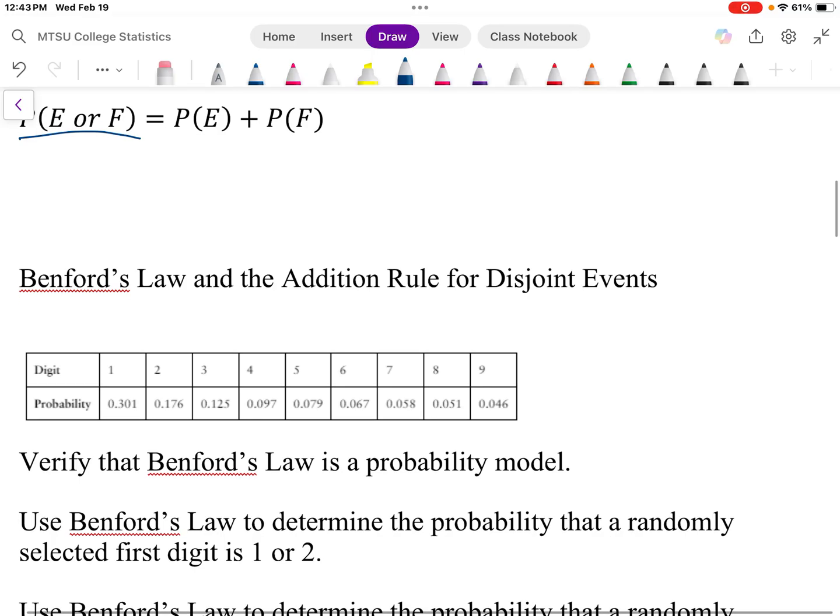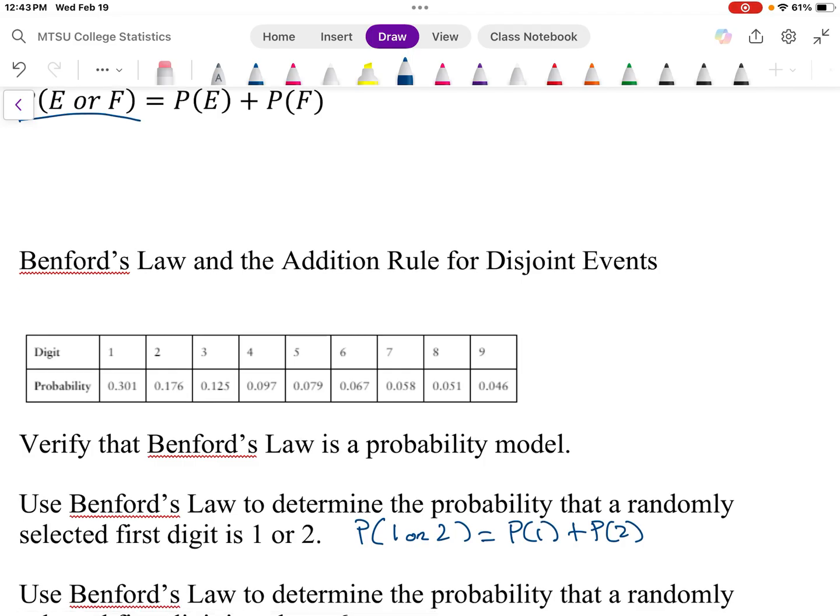They asked us to use Benford's law to determine the probability that a randomly selected first digit is going to be a 1 or a 2. These are disjoint events because we're talking about either being 1 or 2, so they don't have anything in common. We take the probability that it's a 1, add the probability that it's a 2, and just add the two probabilities from the table.